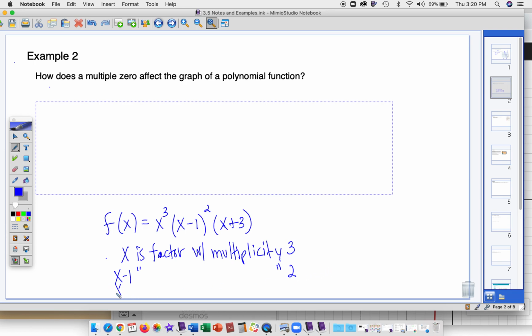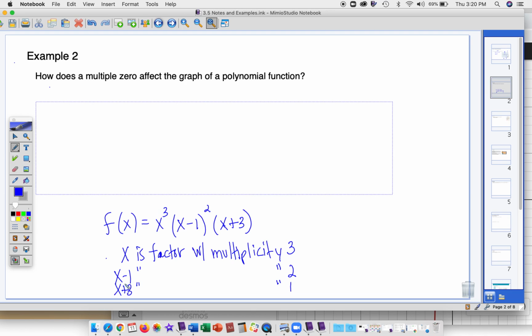And then x plus 3 is a factor with, I don't even know if I'd really call it a multiplicity, but if I had to, I would say multiplicity 1. So the multiplicity of the factor tells us what's going to happen at the x-axis, and what the graph will do at that x-axis. When a factor has a multiplicity of 3, well, actually, you know what?